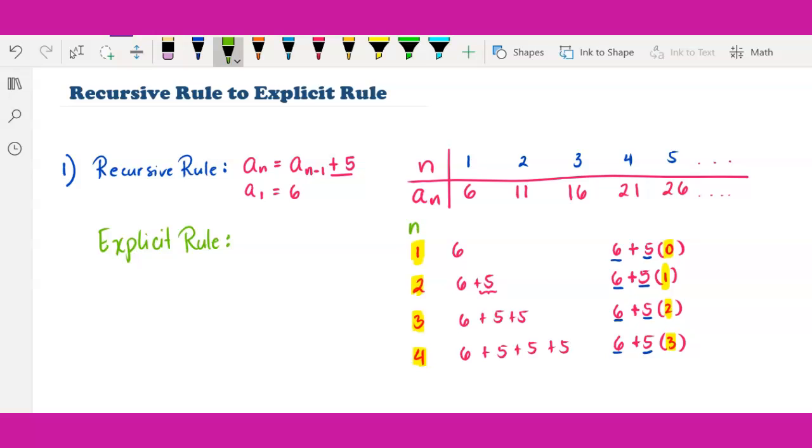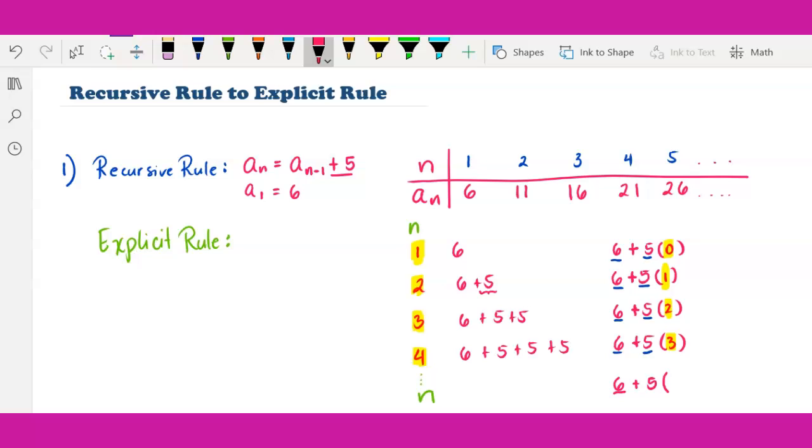All right, so if we go down to any number n, we can find our number as just 6, the same number that we start with, plus 5, the same number that we're adding repeatedly, times, we'll just follow the pattern. If n is equal to 4, we multiply by 3.